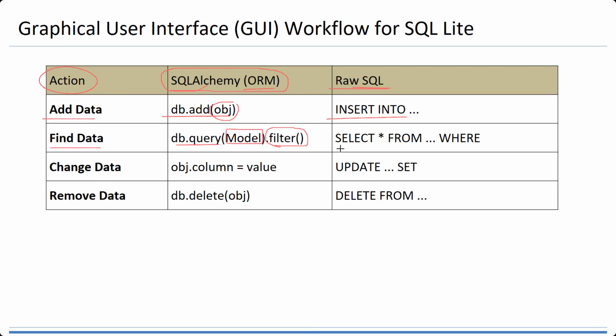But using the SQL, we use the select star from, and then we will have some condition where. If we want to change the data, we have object.column equals to value. But when you use the SQL, we need to use the update set. When we want to remove the data, we use db.delete object. But when we use the SQL, we use delete from.